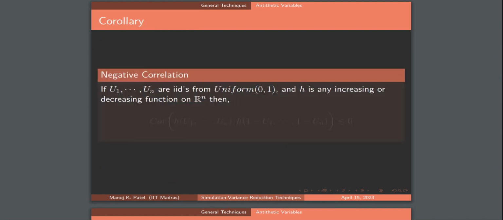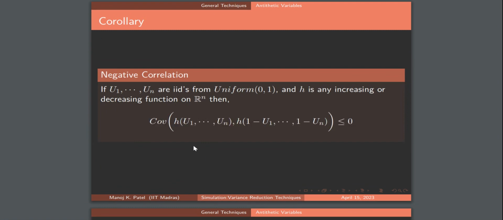So the corollary of that is, if Ui's are identically distributed uniform (0,1) and h is an increasing or decreasing function on R^n, then the covariance of h(U) and h(1 minus U) will be negative. That is because h is an increasing function on U, and then h of 1 minus U will be a decreasing function, so minus h will be increasing, the covariance of that will be positive, so the minus will be taken out.